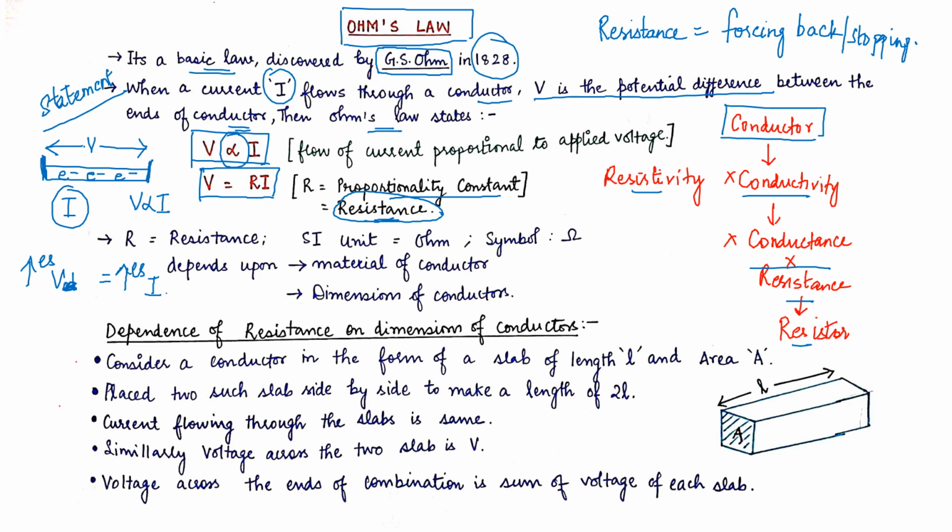The same is done by the resistors which we place in electrical circuits. They resist the motion of electrons in a given material, and hence there will be less motion of electrons and less conduction of current.